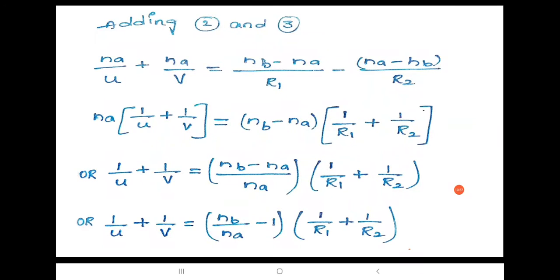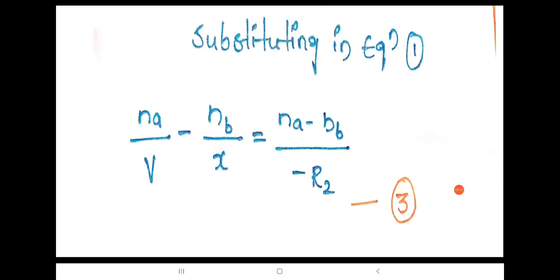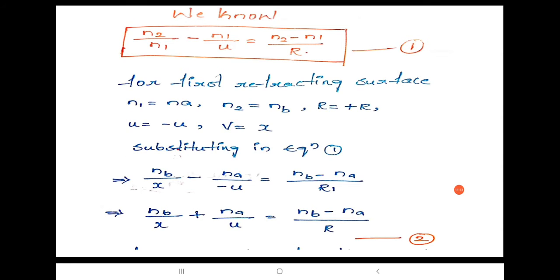Now, when we add equation 2 and 3, what is equation 2? Equation 2 is NB/X plus NA/U equals (NB minus NA)/R1. This is the second equation.